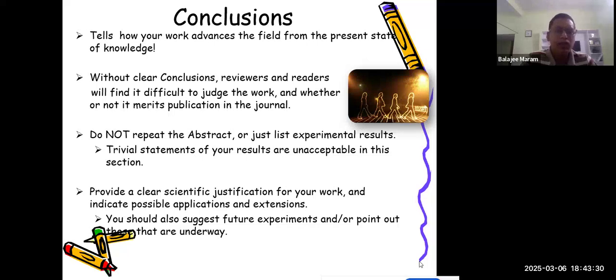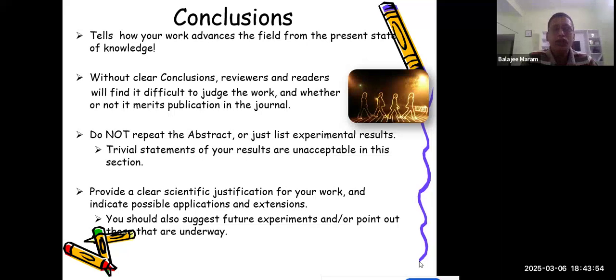That is the first point. Second point, without clear conclusions, reviewers and readers will find it difficult to judge the work and whether or not it merits publication in the journal. So when your conclusion is weak, automatically the reviewer will give a verdict like the paper is not suggestible for journal publication.